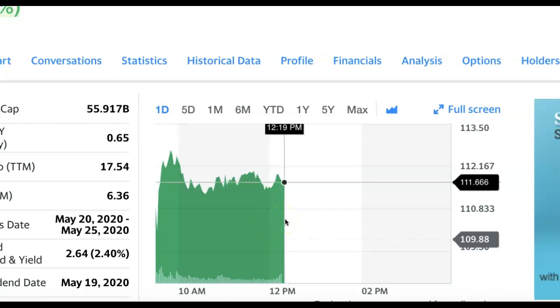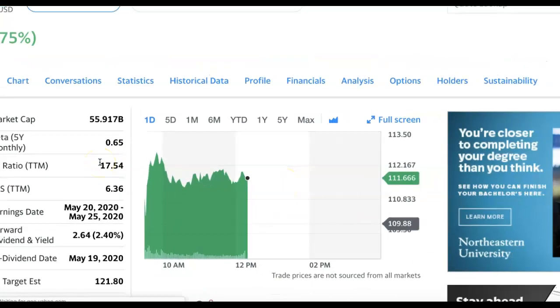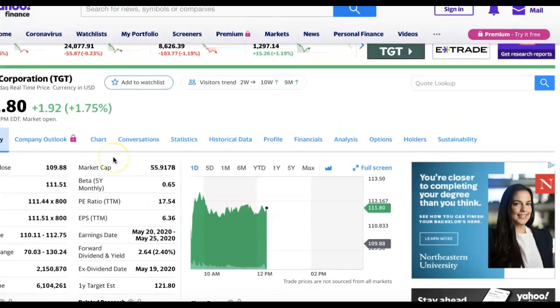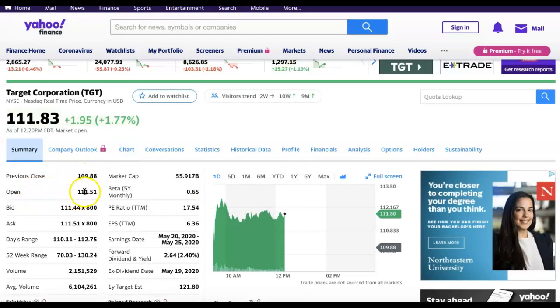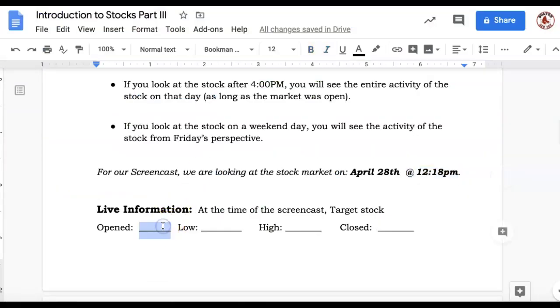But right at this moment, well, now it's a minute later, as I said 12:18. Now it's last date I think was 12:19. But the open for the day was 111.51, can't even get that far back on this, it's so tricky, but it says it right here, 111.51 when it opened this morning.